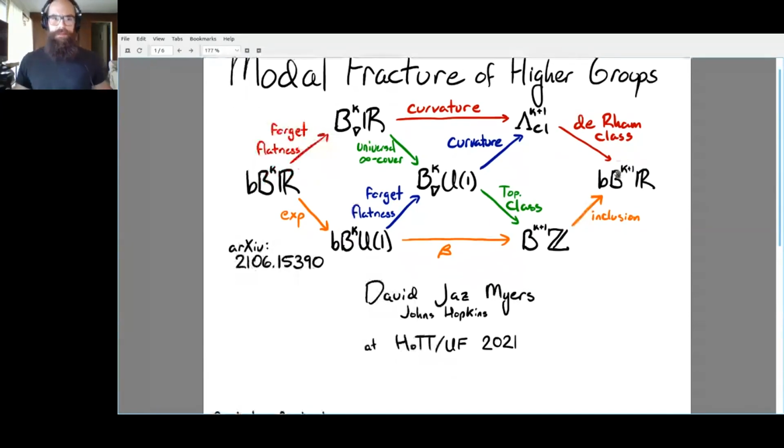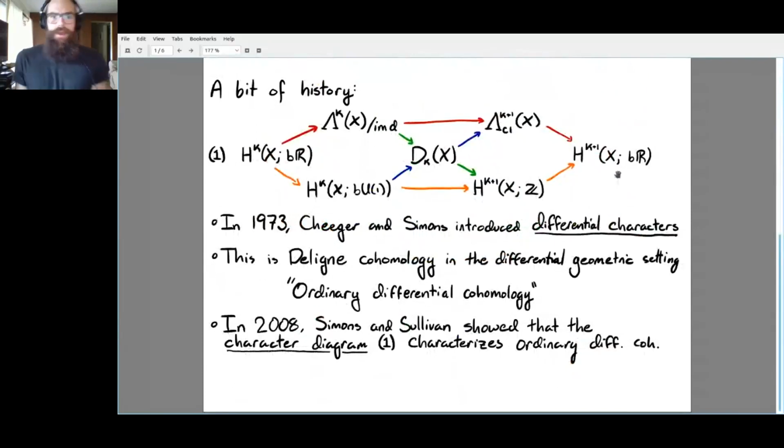So let's start with a little bit of history. Back in 1973, Cheeger and Simons introduced differential characters in order to set up some of the calculations that Simons had done with Chern, with bundles and connections on bundles.